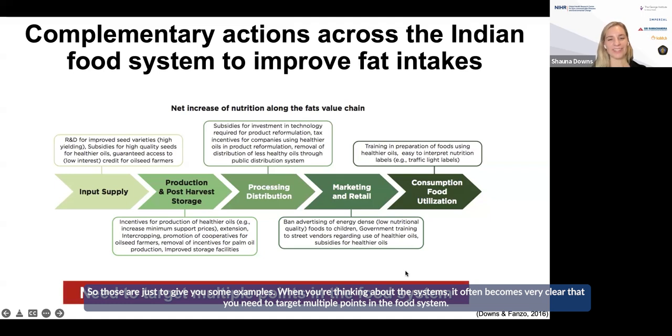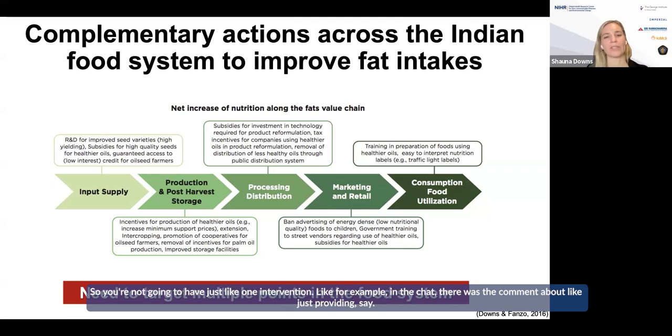When you're thinking about the systems, it often becomes very clear that you need to target multiple points in the food system. So you're not going to have just one intervention. Like, for example, in the chat, there was the comment about just providing, say, a supplement of some sort, and then everything is solved. That's not how it works.